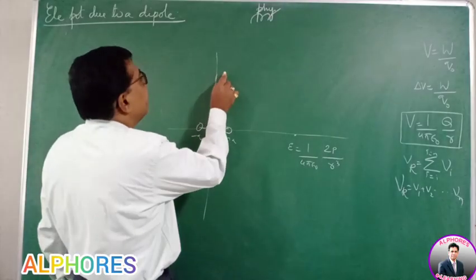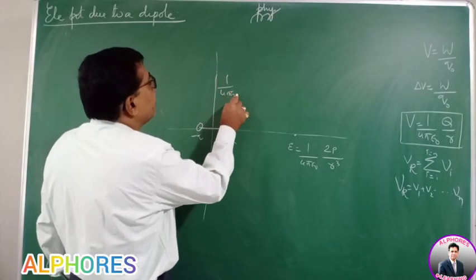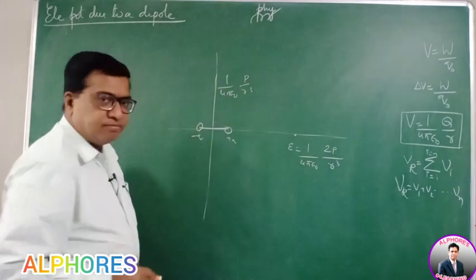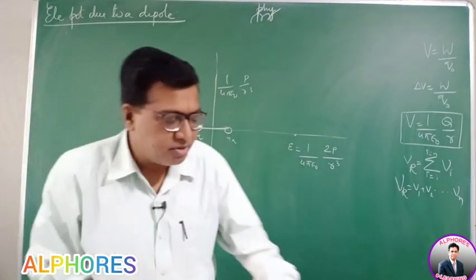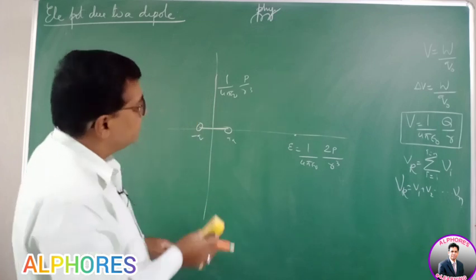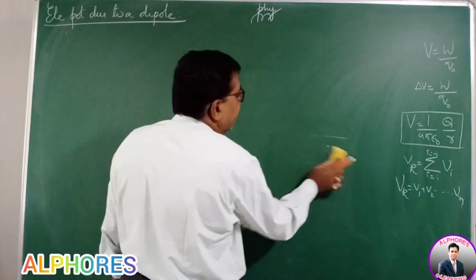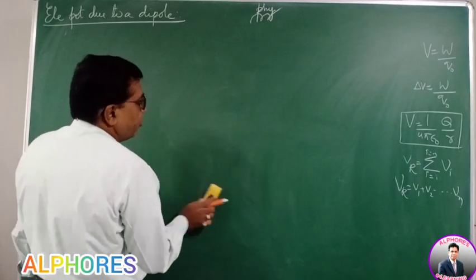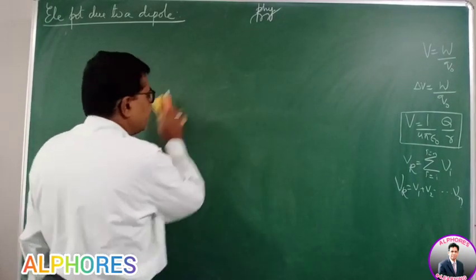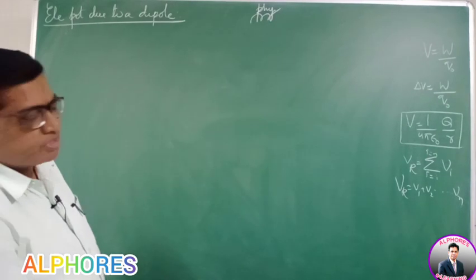On the equatorial line, it is 1 by 4 pi epsilon naught p by r cube. At any arbitrary point also we derived the electric field. Similarly, we are going to find the electric potential for a dipole at different points.